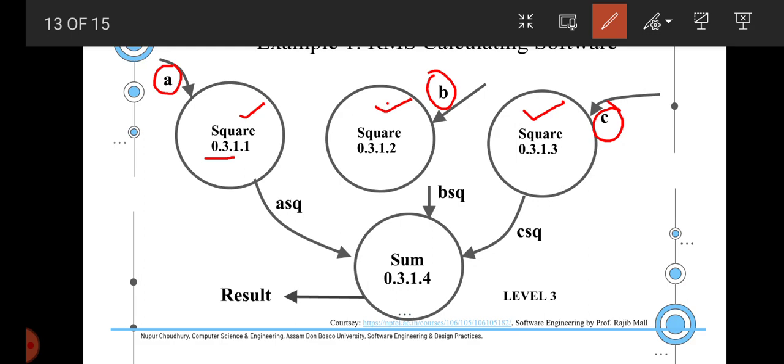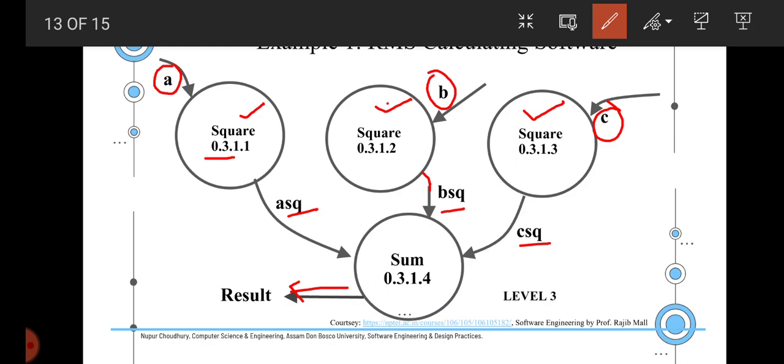Once the numbers are squared, it becomes ASQ, BSQ and CSQ, and this ASQ, BSQ and CSQ basically goes to the next process, which is finding out the squared sum of all these 3 numbers, and then the result goes to the next process.